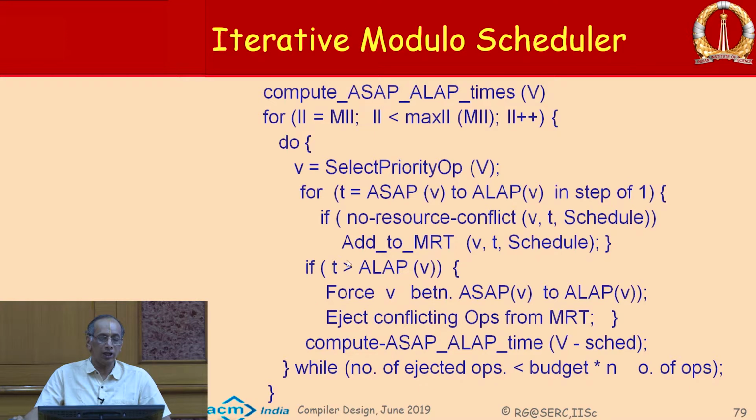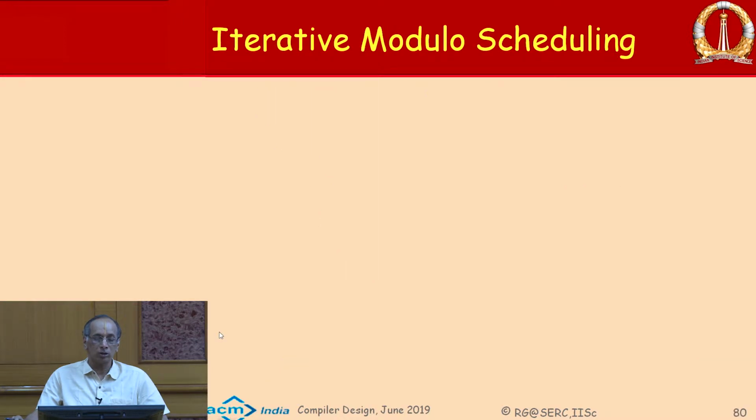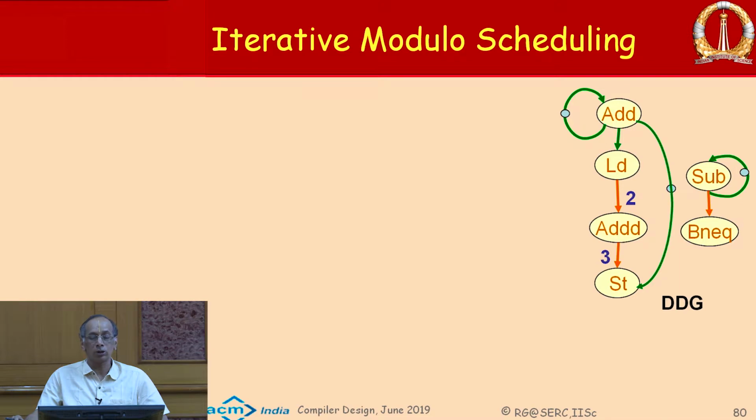Then you compute the earliest start time and latest start time of all operations, redo your priority, and you keep iterating this. But it may so happen that one operation will eject the other, that operation will again eject back this one. If it happens multiple times, then that is where your budget will exceed, and once your budget exceeds, you come out of that, you increase your II and you try for the next II. Okay. So, this is how the software pipelining algorithm works.